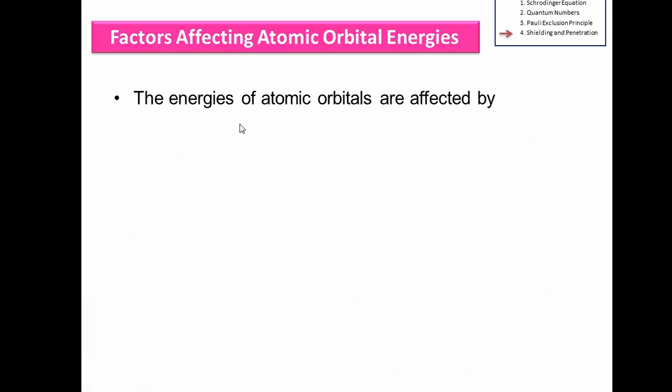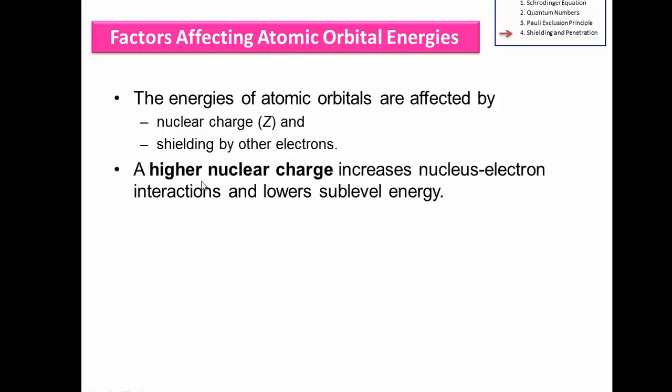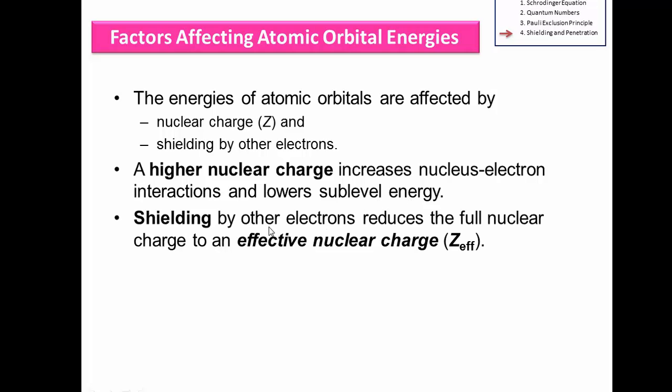So the factors that affect the atomic orbital energies are the nuclear charge and the shielding by other electrons. The higher your nuclear charge, or the closer your electrons are to the nucleus, the lower the sublevel energy. And if there are electrons shielding other electrons, then that will reduce the full nuclear charge to an effective nuclear charge, or a Z effective.